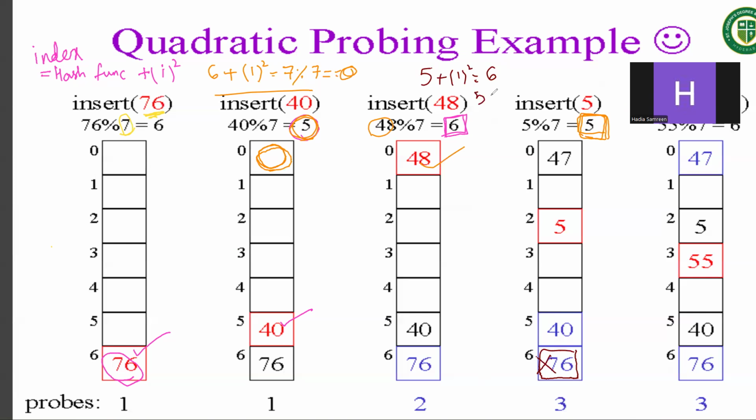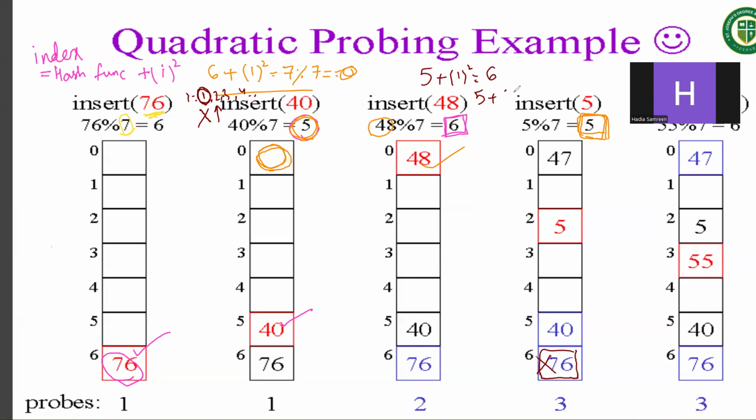Now i ranges from 1, 2, 3, 4 and so on. We tried 1, but it did not work for us. So now we will go for 2.